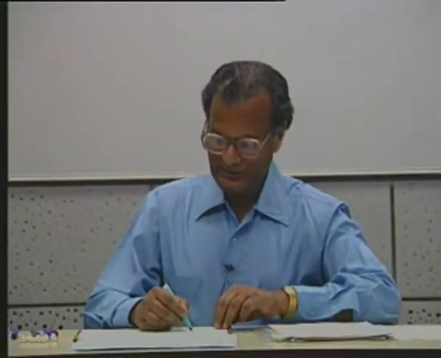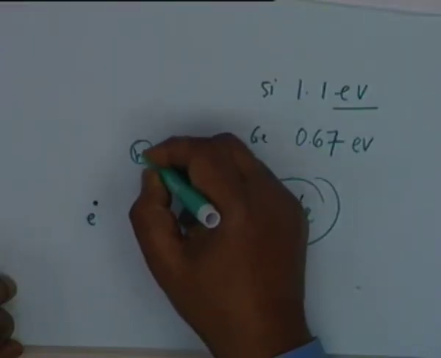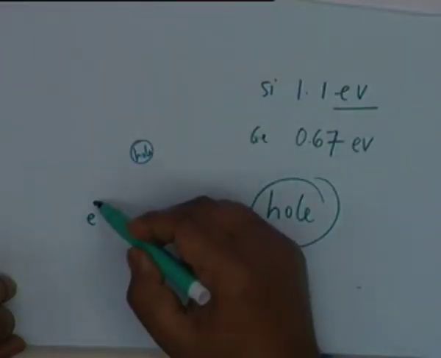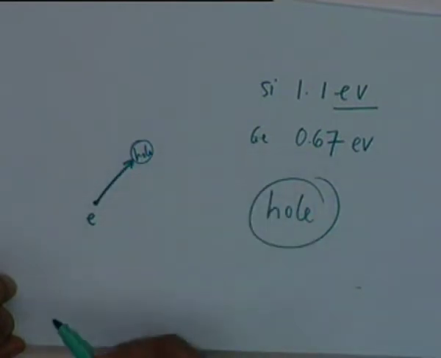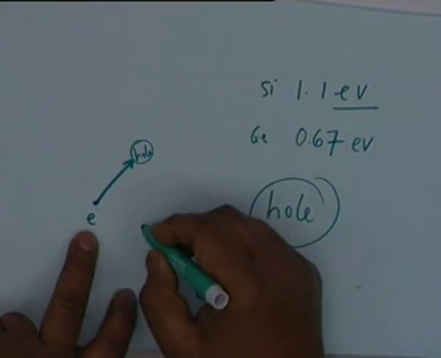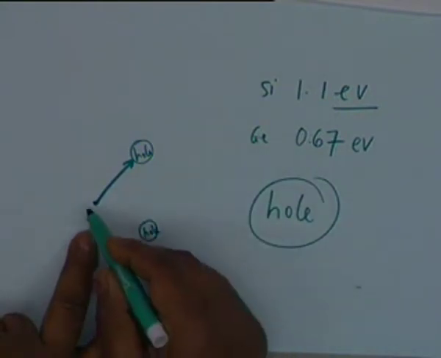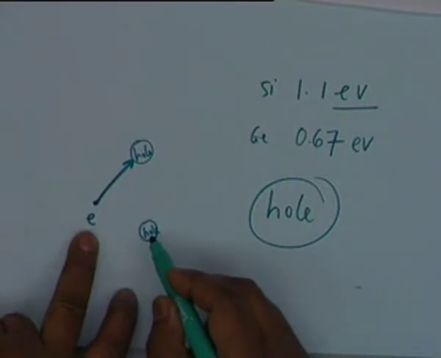Now, if I look at the picture, there was an electron here, and there was a hole here. So this electron has gone to the hole and made it neutral. As a result, if this electron had belonged to another atom, what would have happened? A hole would have been created here. If initially this was a neutral region, a hole would have been created here.